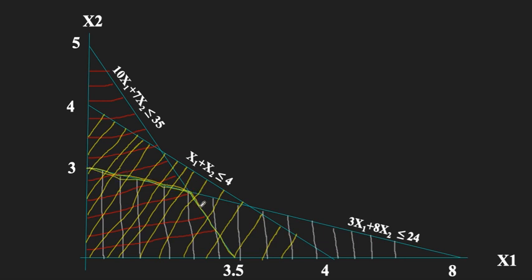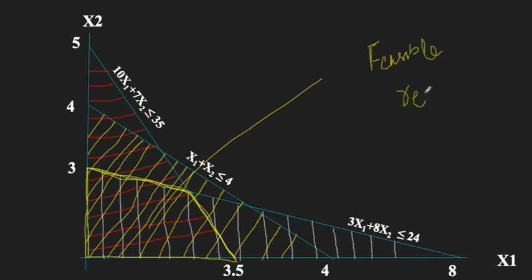This is the area where we are finding all these lines, and this part is called the feasible region.